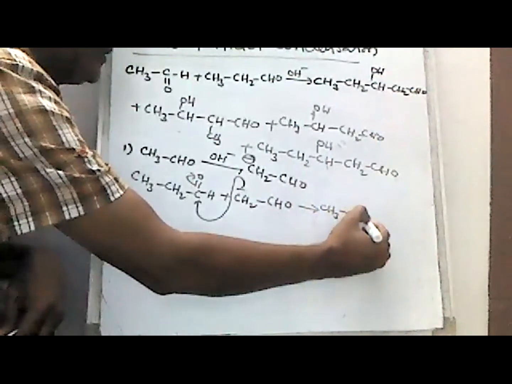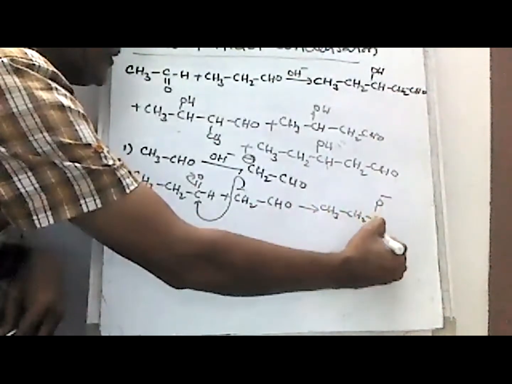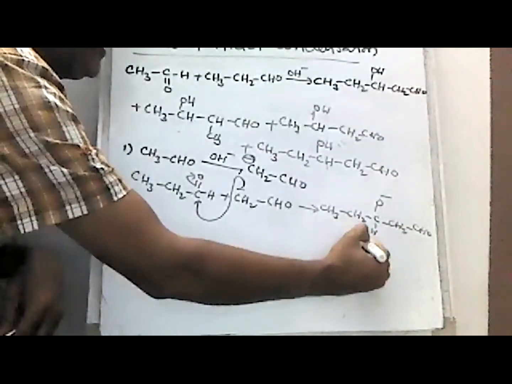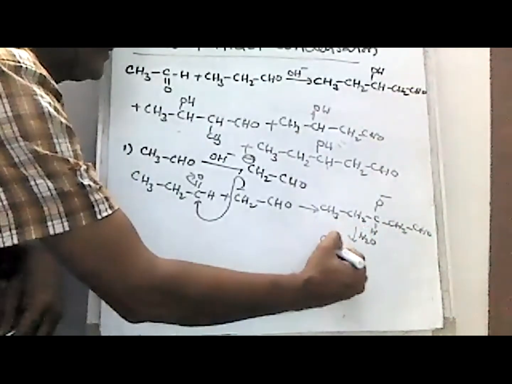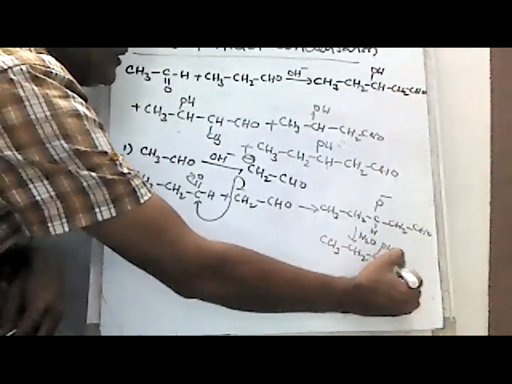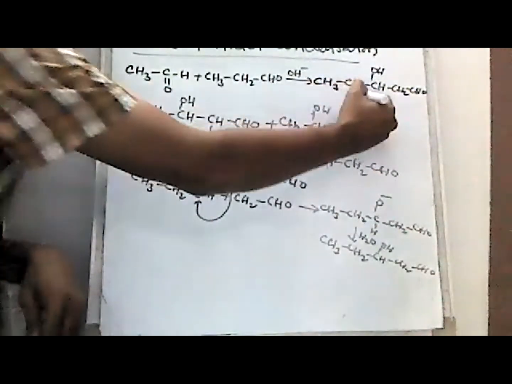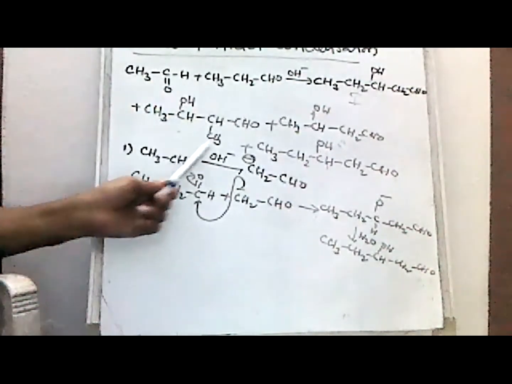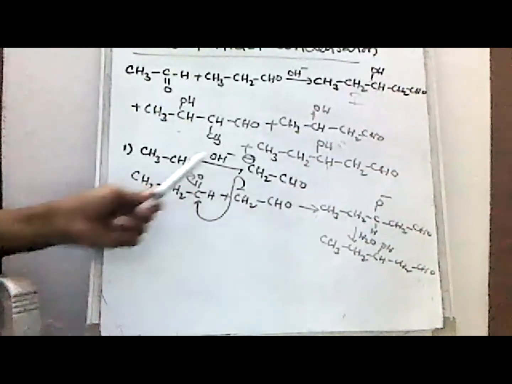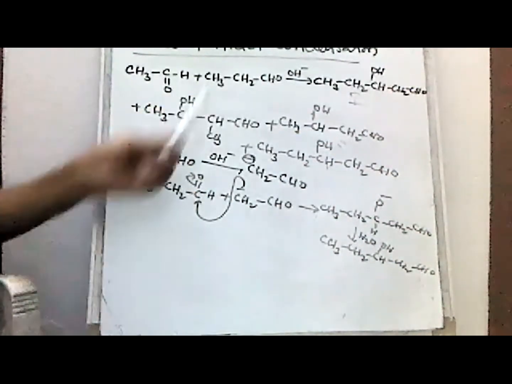An alkoxide is formed. In the next step, on hydrolysis, this forms the hydroxy compound. This is the first compound formed. So ethanal forms a carbanion and attacks the propanal. This is the first product.